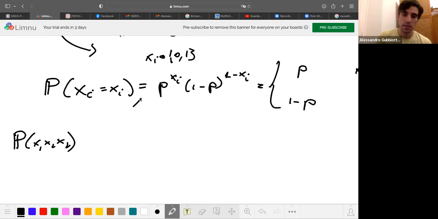this is the hypothesis on the single coin probabilities.